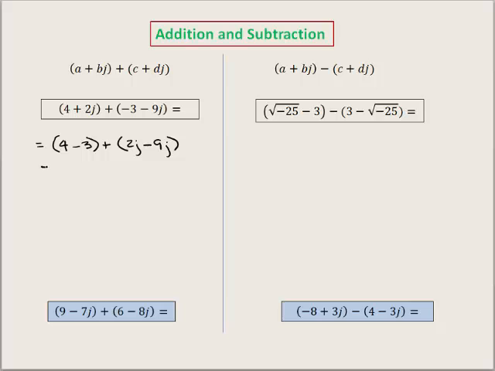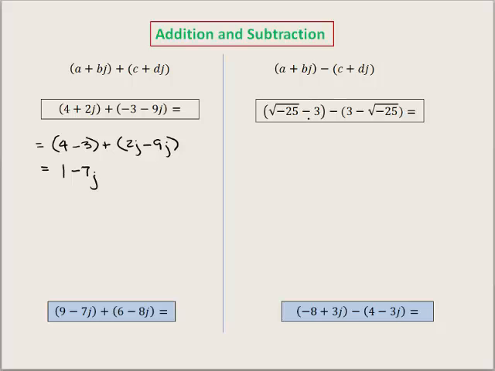So we have our answer as 1 minus 7j. That is our answer.